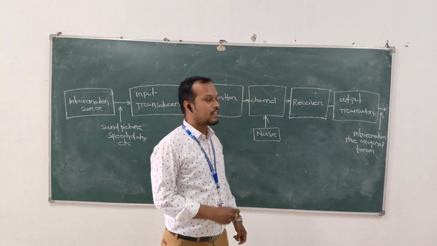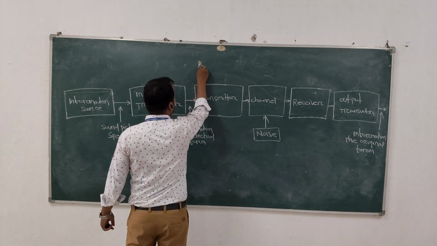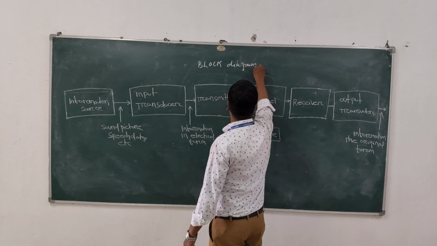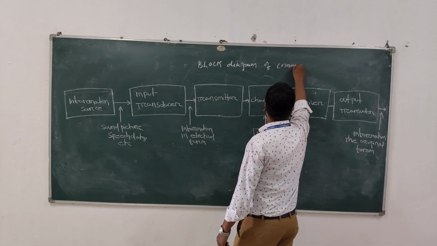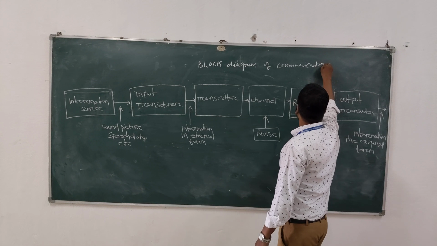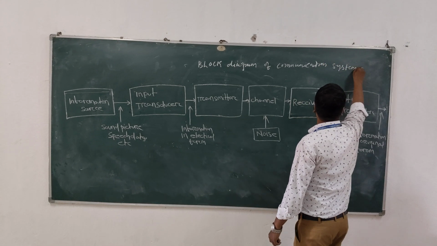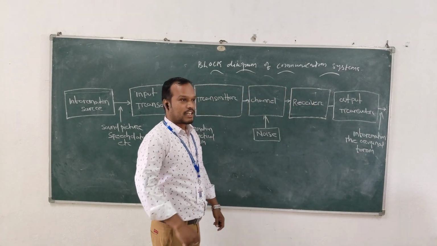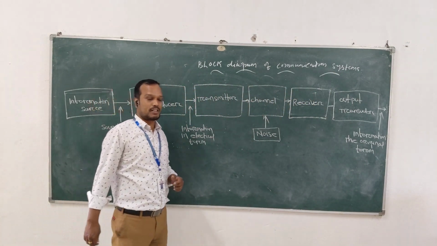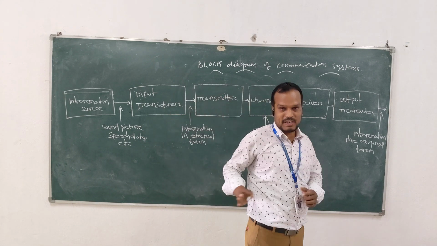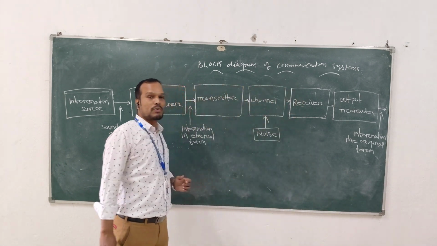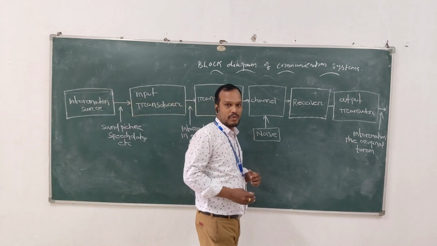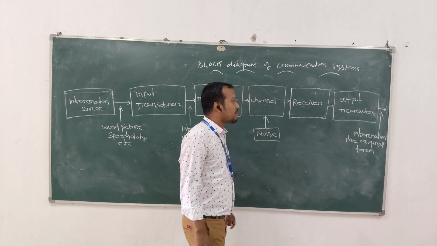So today we'll discuss the block diagram of communication system. As we know, communication plays a major role in our daily life, in every aspect of life, because through communication only we can send our information from one place to another, or we can say source to destination, or sender to receiver.